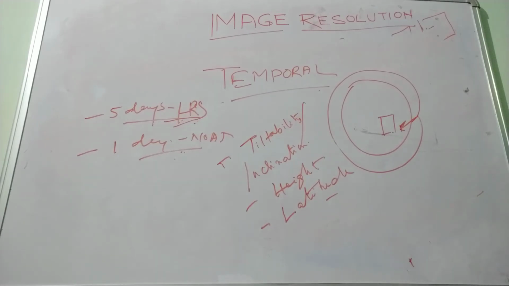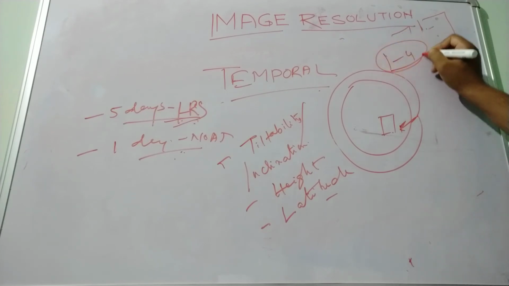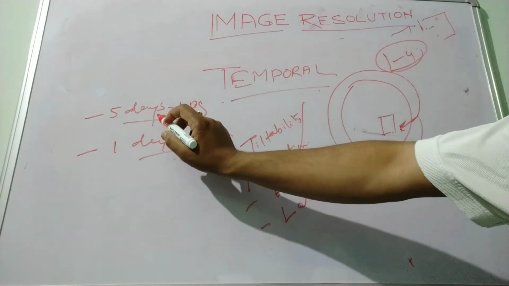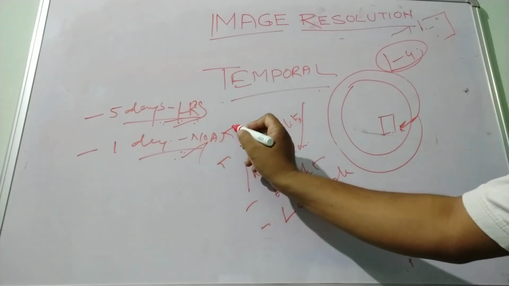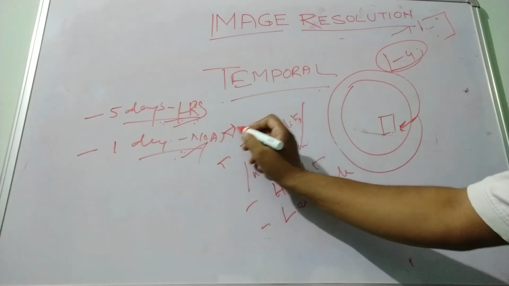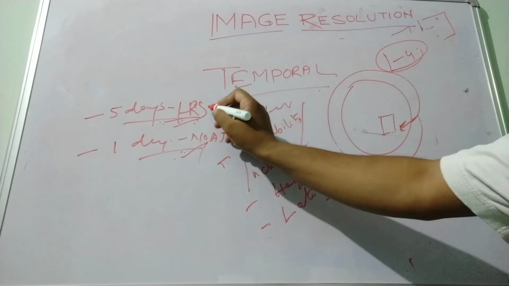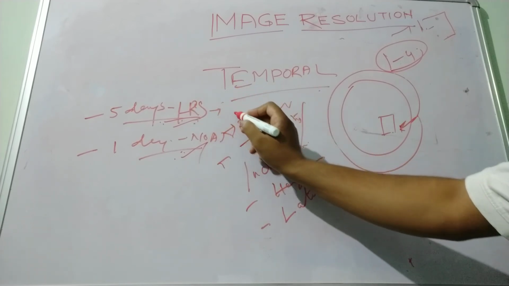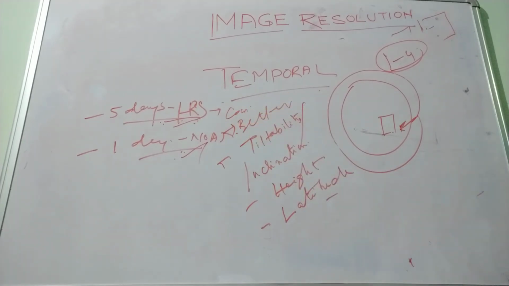So within these 1 to 4 days, whatever information is available is not possible to collect by this satellite system, whereas the other can collect it. So the better the revisit capability, the better the temporal resolution, whereas there are coarse temporal resolution and fine temporal resolution.